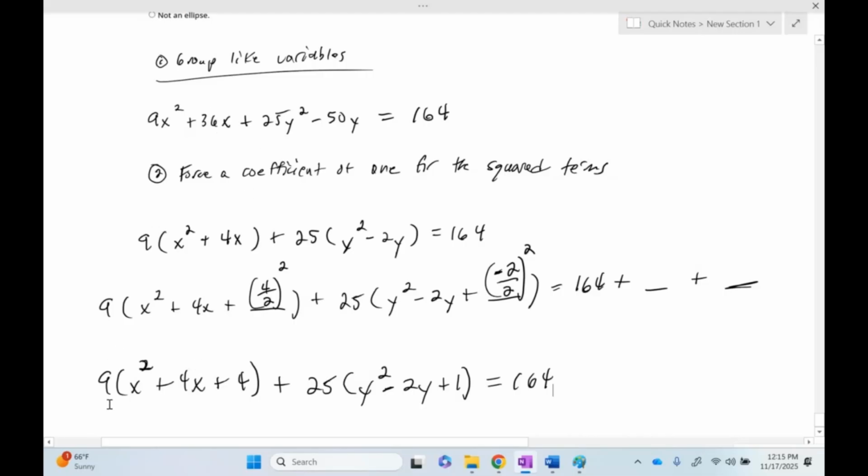I started with that. 9 times 4 is 36. I did not start with the 36. I added a 36 to this side when I completed the square. So I must also add a 36 to the other side. So notice that's not just a 4, that's a 36 because we factored out a 9.